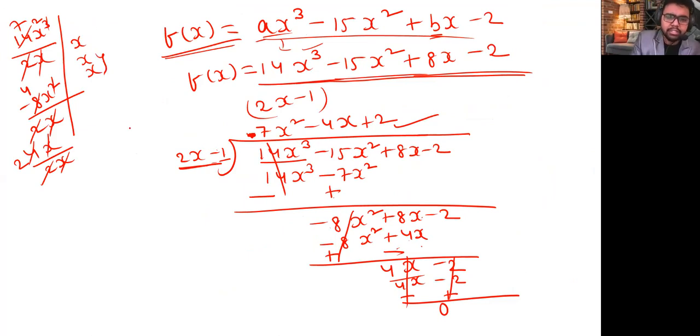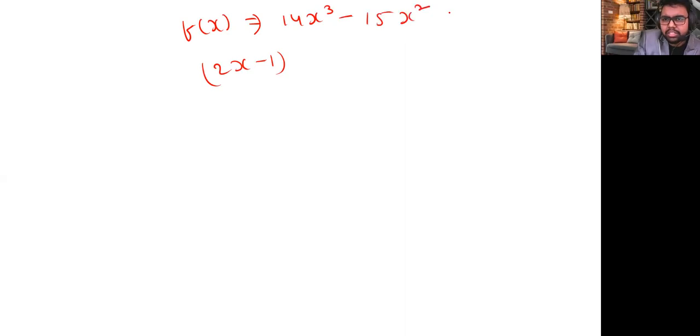In other words, the question is saying you need to solve f(x) = 0. That means you have to solve 14x cube minus 15x square plus 8x minus 2 equals 0.